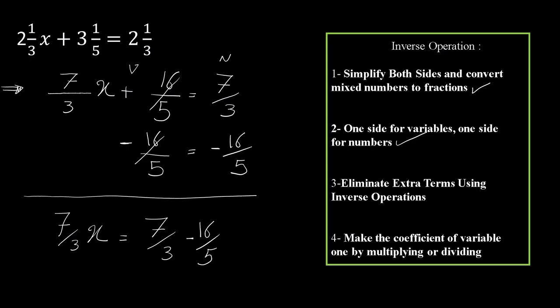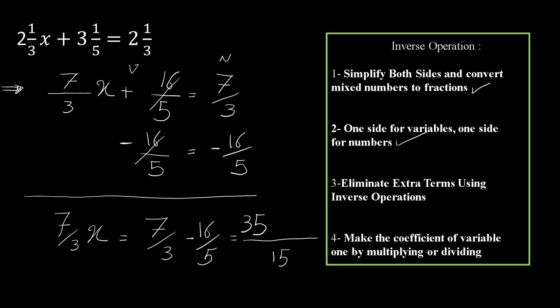Again, I'm not going to calculate the common denominator here, but I expect you to know it's really simple. If you write multiples, you will realize that the common denominator between them will be 15. So 3 is multiplied by 5, so 7 must be multiplied by 5. It's going to be 35.